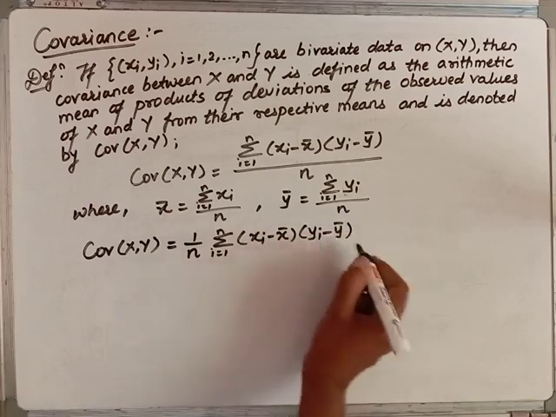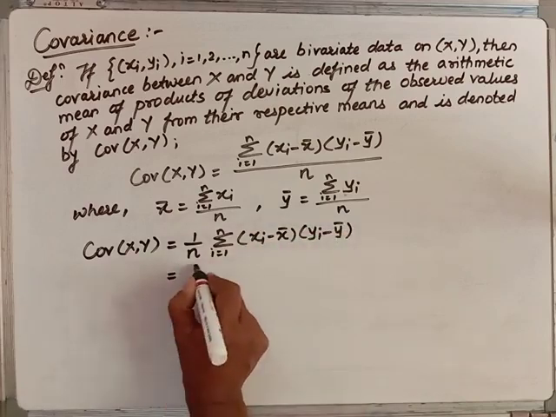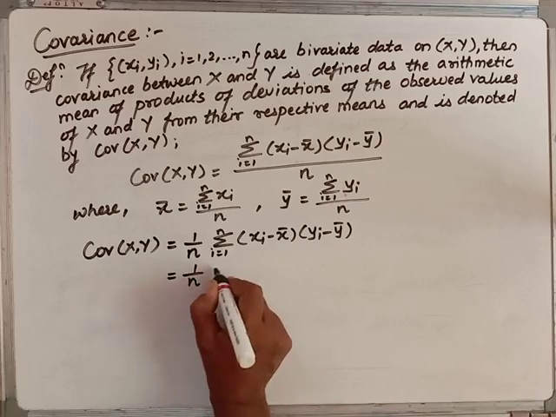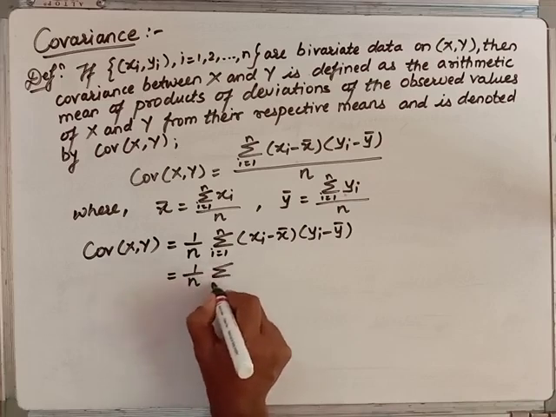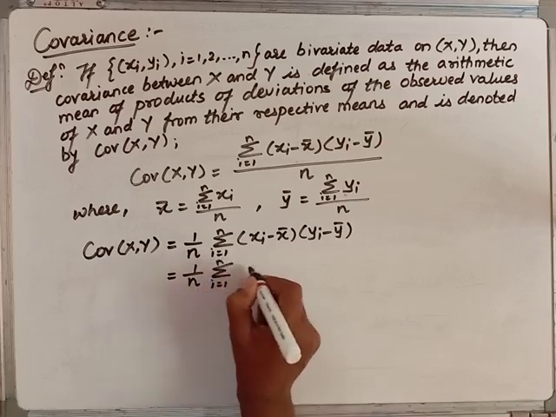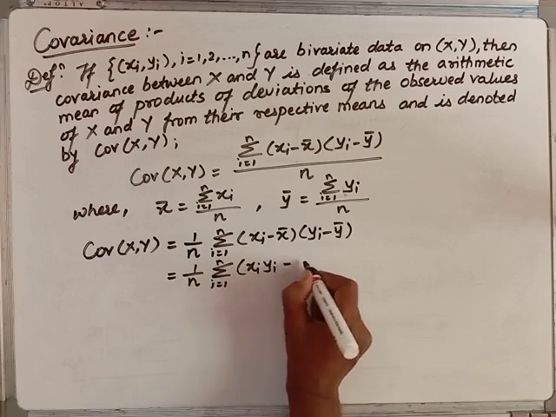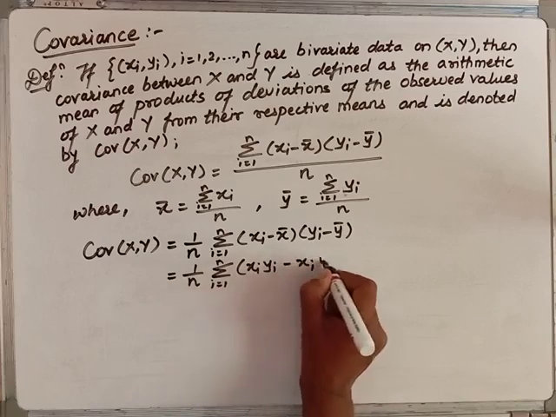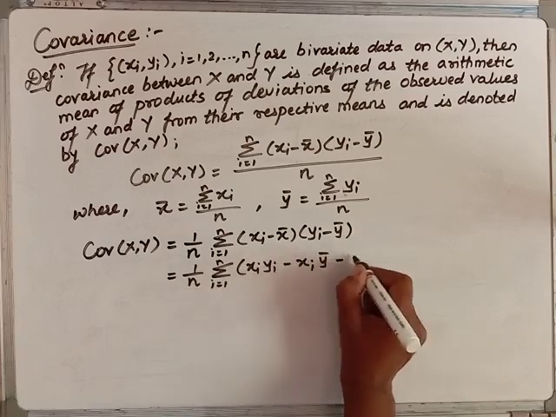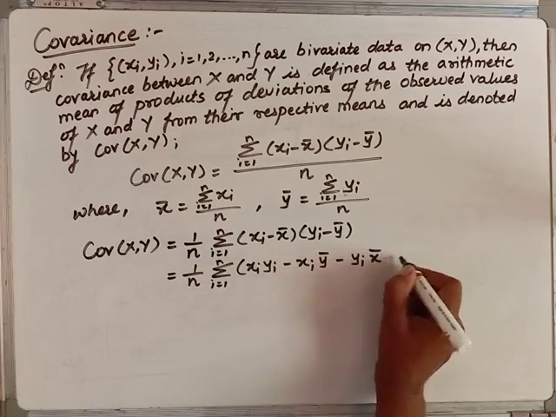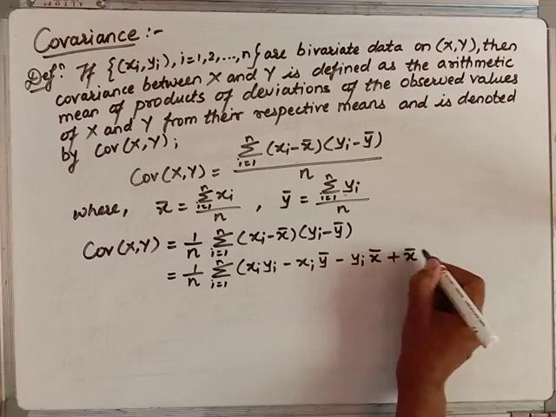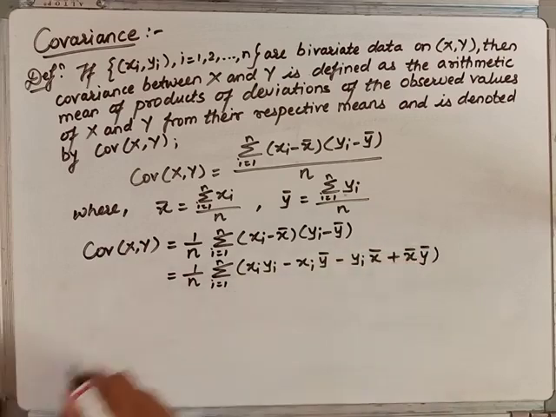Now let's take the product of this bracket. So 1 upon n summation i goes from 1 to n. Now what does this product give? It is xi yi minus xi y bar minus yi x bar plus x bar y bar.